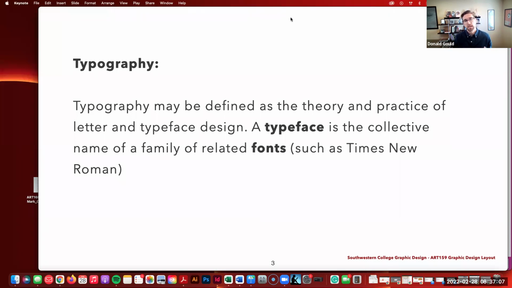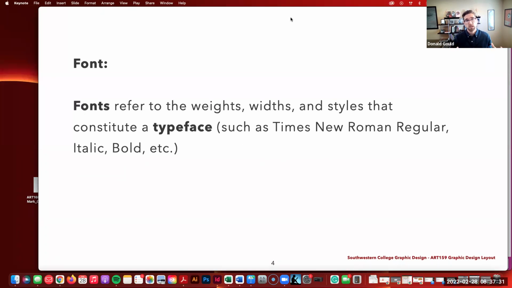And within that typeface of Times New Roman are individual fonts, such as Times New Roman Italic or Times New Roman Bold, so on and so forth, right? We've all used those, and we used that in the last assignment as well to create that sense of hierarchy. So when we're talking about typefaces, we're really talking about the overall design and structure of a larger sort of umbrella of what these individual fonts look like.